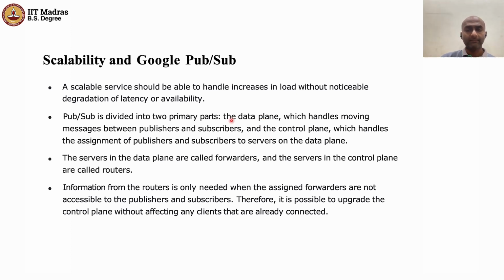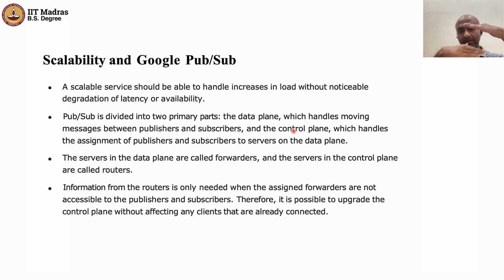So that is the data plane. And then there is the control plane, which, like the name suggests, is responsible for control of publishing, consumption, subscription, etc. Right? So it's the control plane which keeps track of where in the subscription a particular subscriber is in terms of consuming the messages and what message I need to give next. But the act of giving the message itself is actually in the data plane.